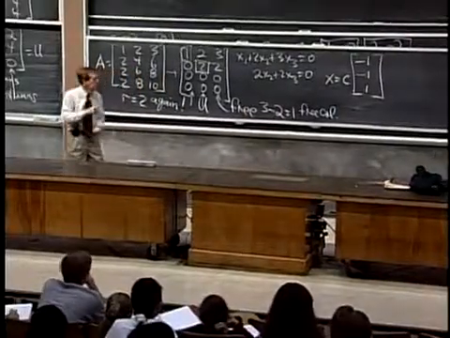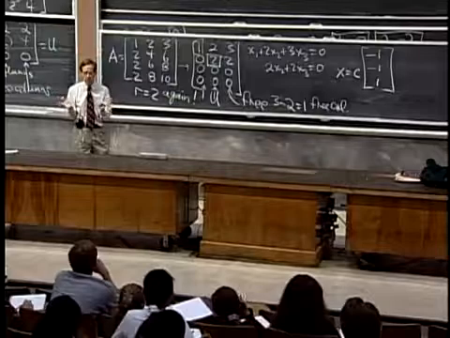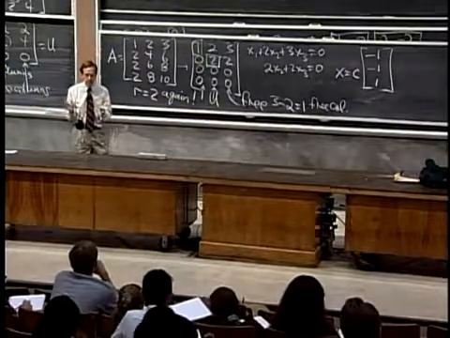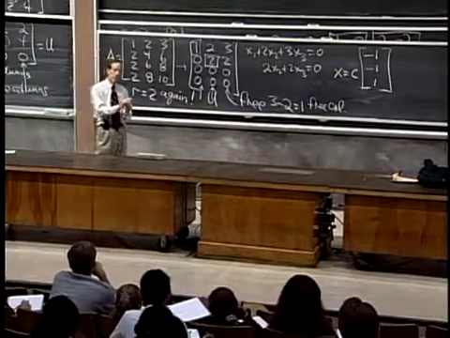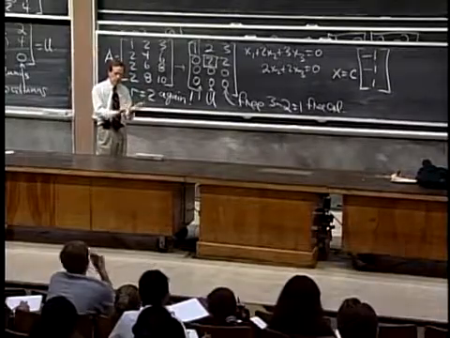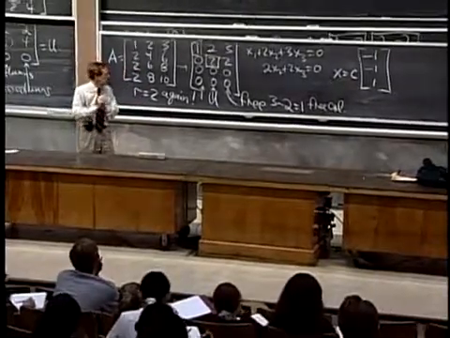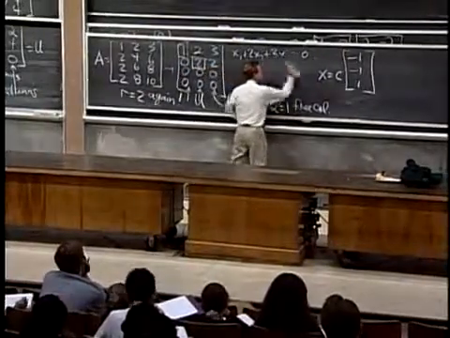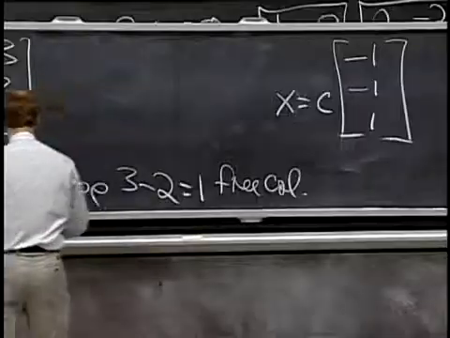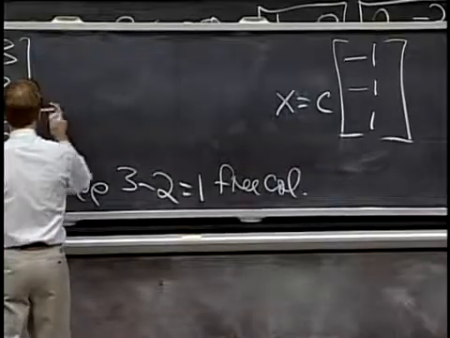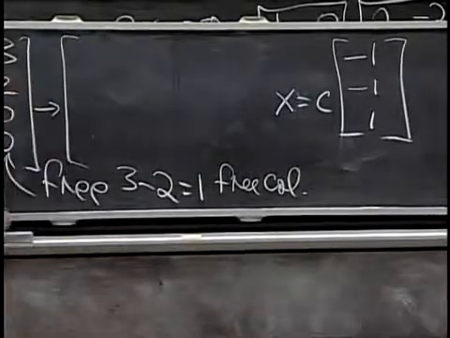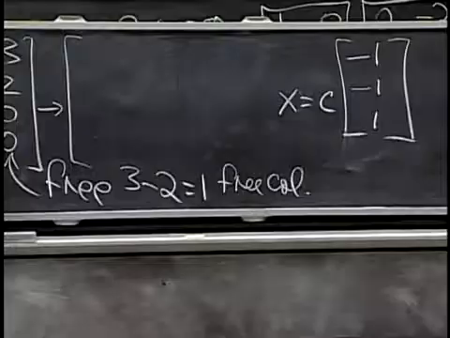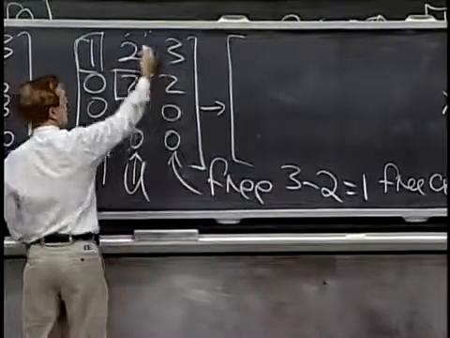Okay, now, one more natural thing to do with this example is keep going to the reduced matrix, R. So can I push onwards to R? That should be quick, but let's just practice. Okay, so what do I do here? I clear out above the pivot, so I subtract that from that.